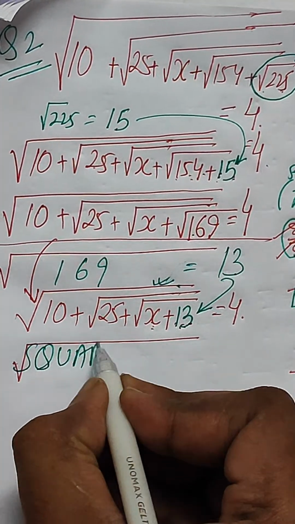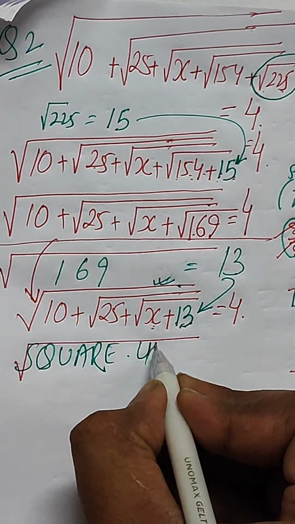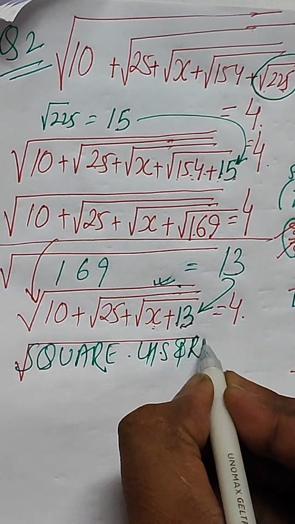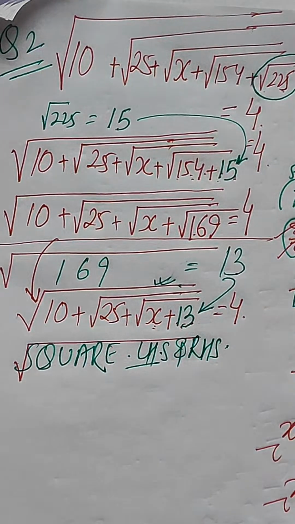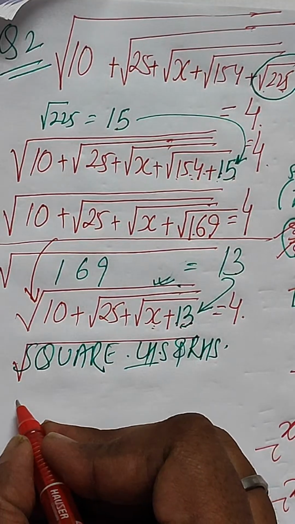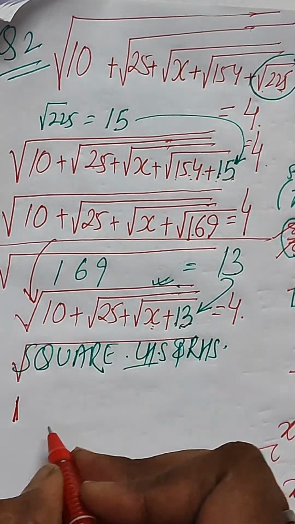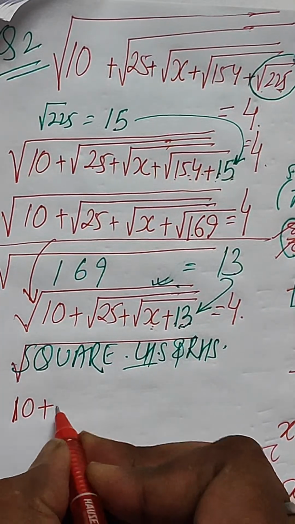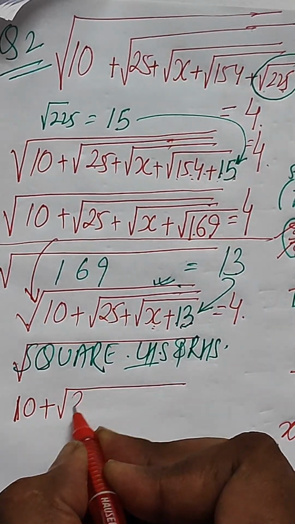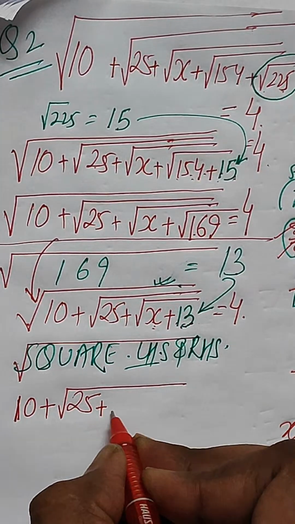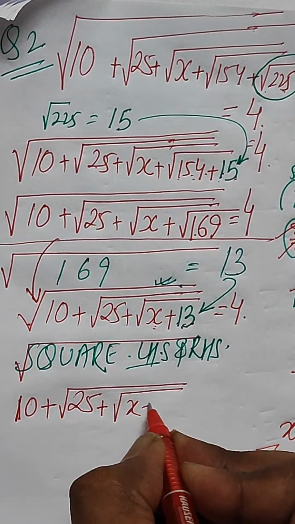square LHS and RHS. When you square the LHS and RHS, what will happen to the root? I am not writing this root because I will be writing it in the last step. How you can see 25 plus root over of x plus 13, right?